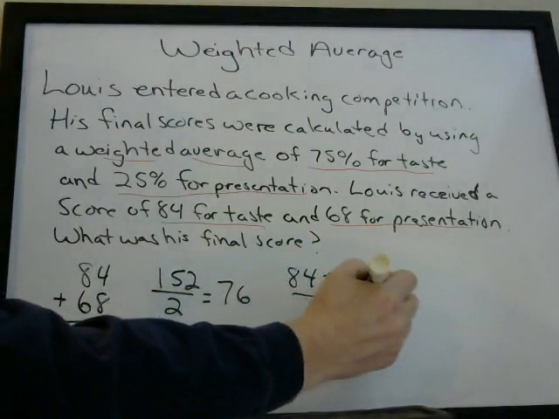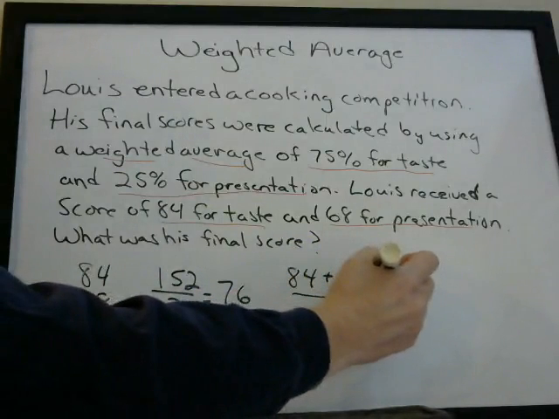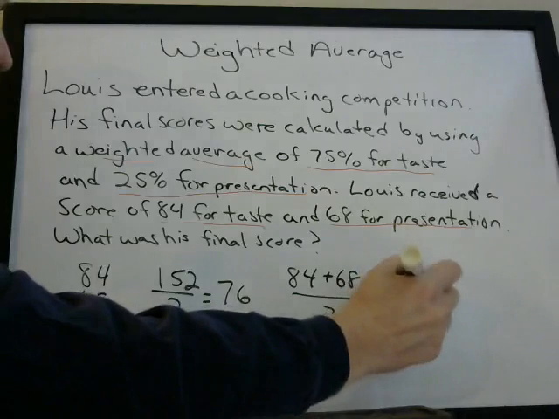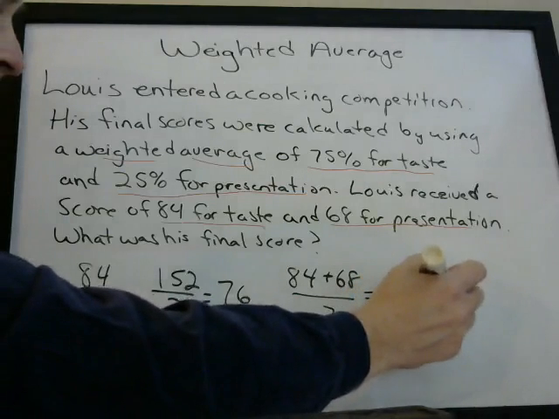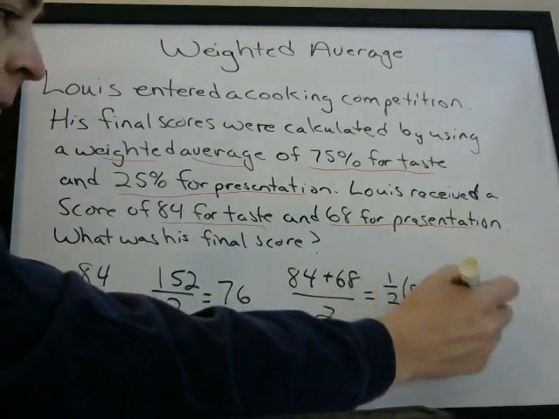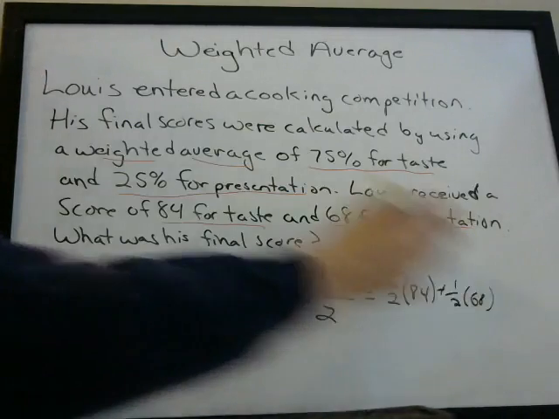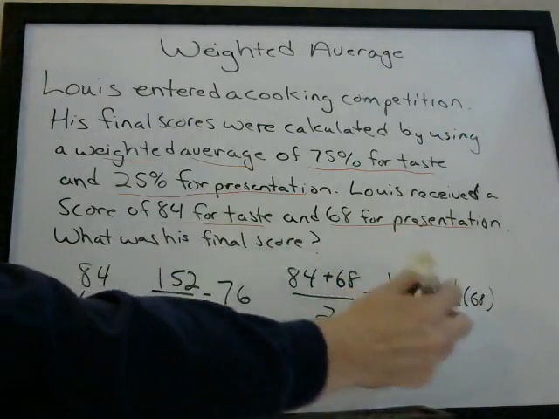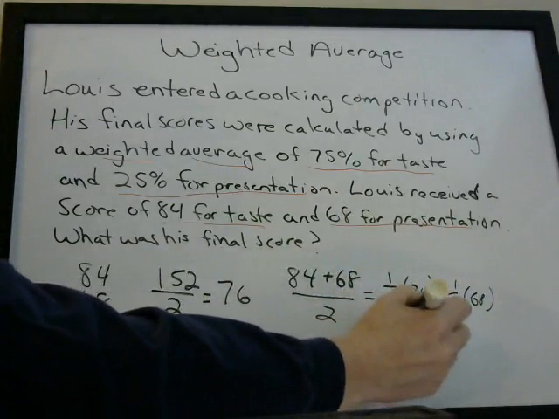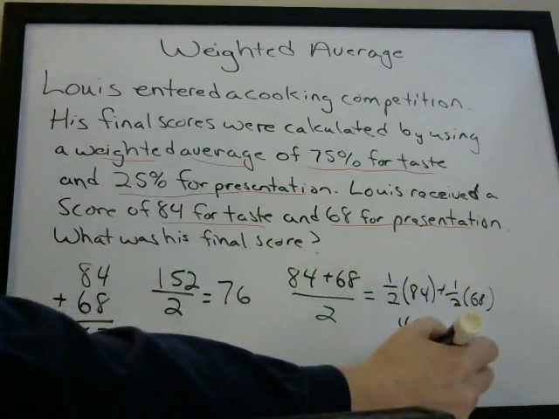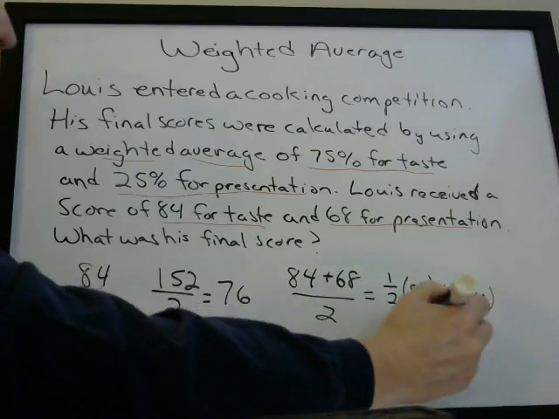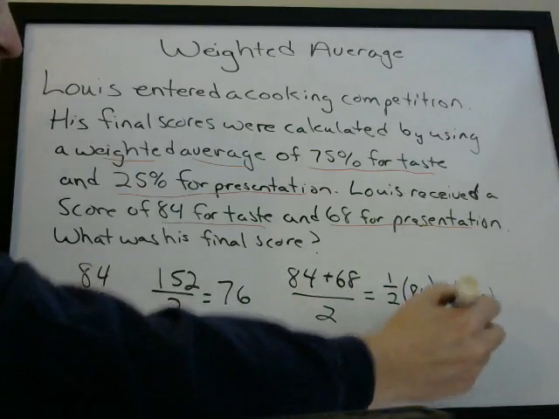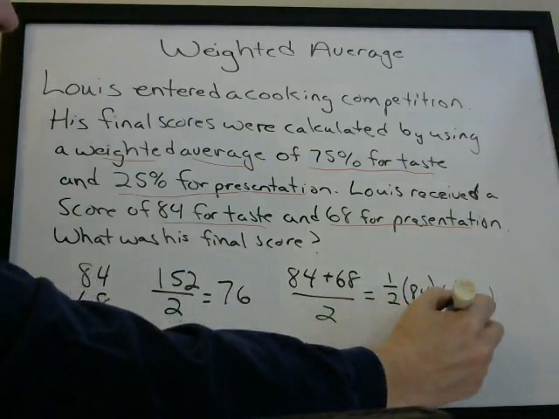You can write this fractional statement as 1/2 times 84 plus 1/2 times 68. If you take 1/2 times 84, you're going to get 42. 1/2 times 68 is going to be 34.